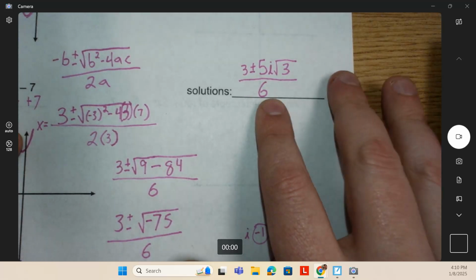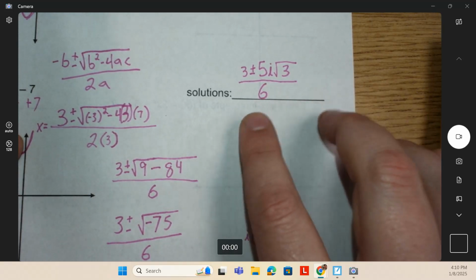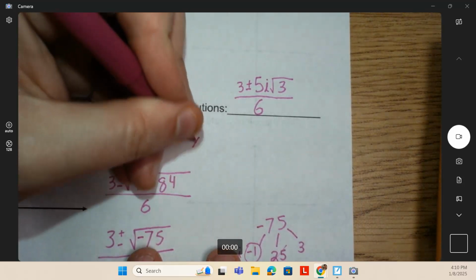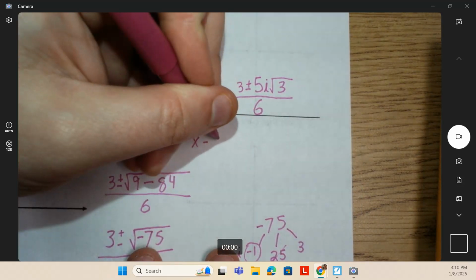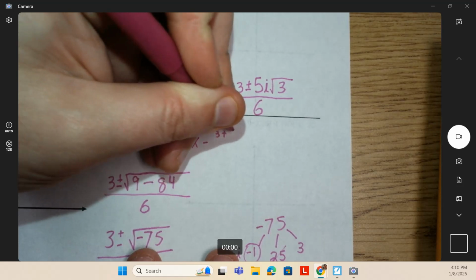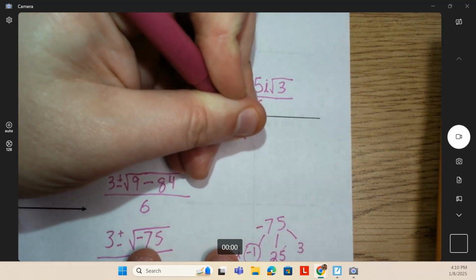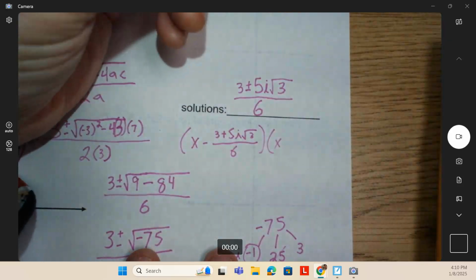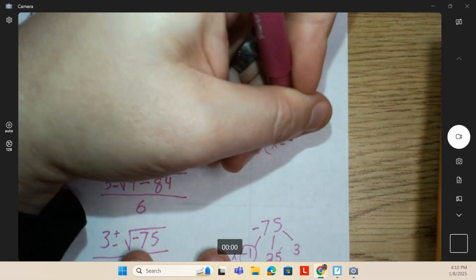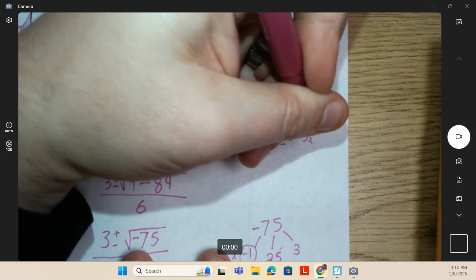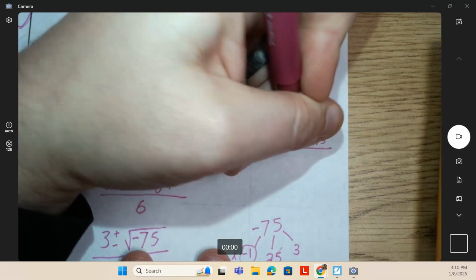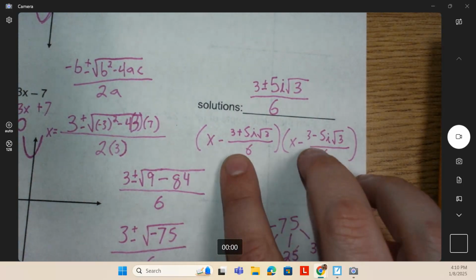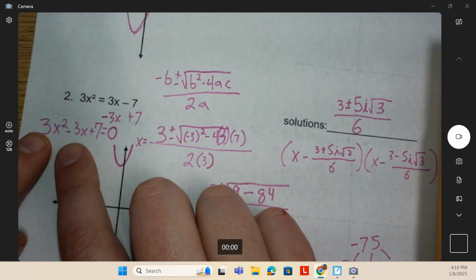The reason those are solutions is because I can still find roots to these. If I were to put this in root form, so x minus the whole thing, 3 plus 5i times the square root of 3 over 6, and then x minus 3 minus 5i square root of 3 over 6, what would happen is, as I multiplied all that out back together, it would get me back to this right here.